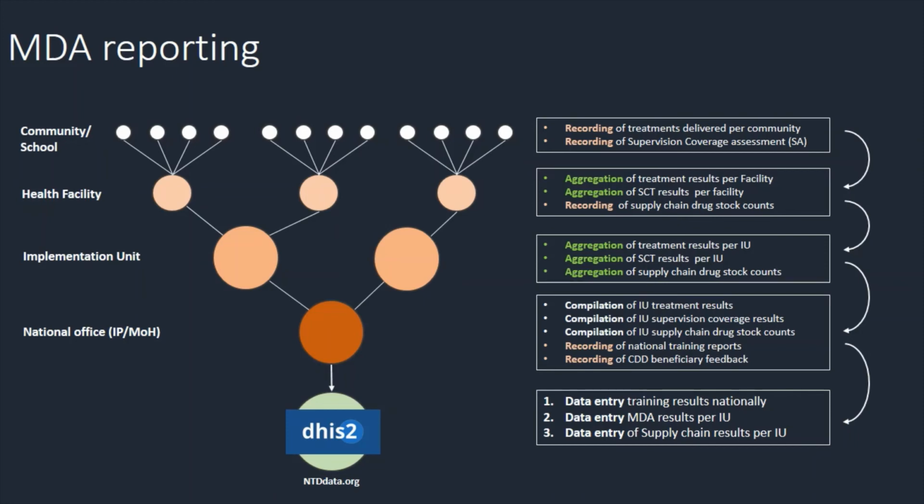Now, all these data elements, the treatment results, supervision coverage results, drug counts, the supply chain counts, and the feedback are then entered from a national office by an implementing partner or ministry into our Ascent DHIS2 system, which can be found on ntddata.org. So this is the step where we actually capture all this information in our repository.